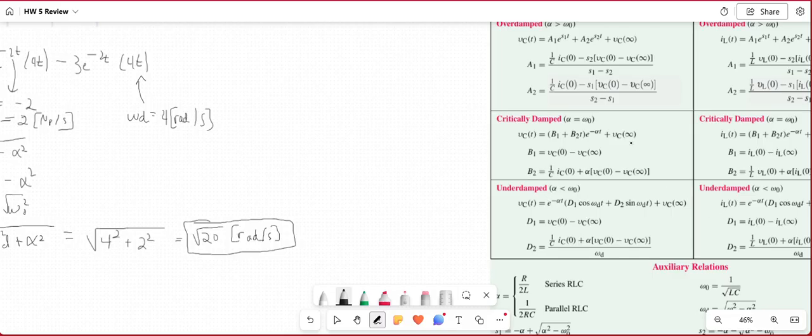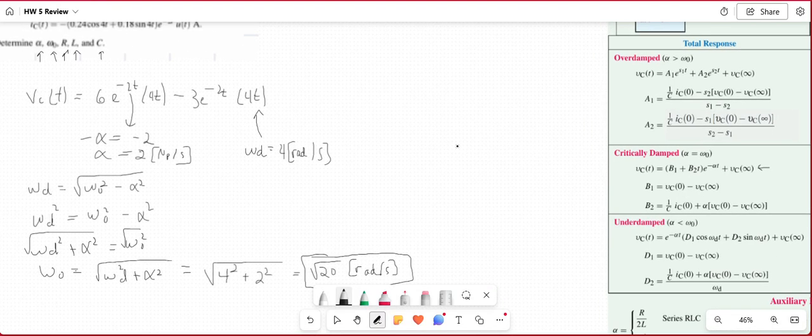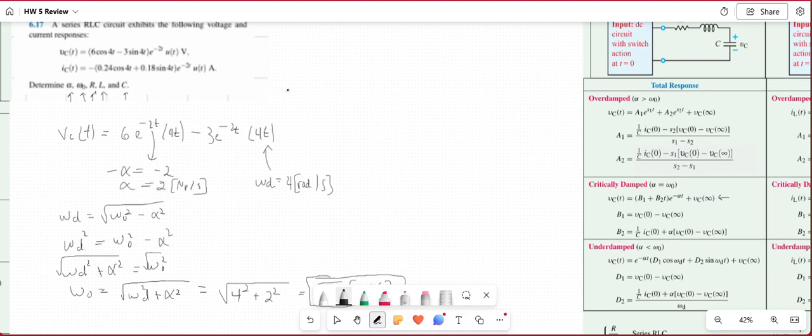In this equation, you can tell what VC infinity is because nothing is being added on to this. There's nothing being added on, so we can say VC of infinity equals 0.